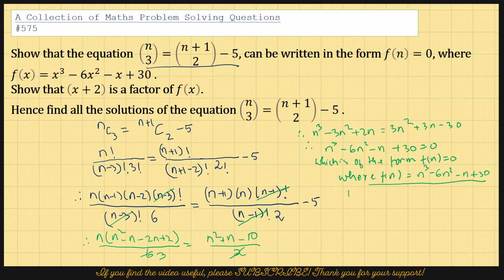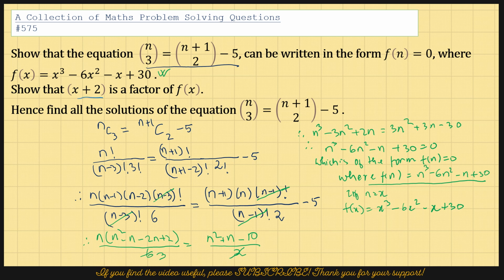Okay, now if n equals x, then f(x) would be x cubed minus 6x squared minus x plus 30, and that's what this is. So we have got our first part done.